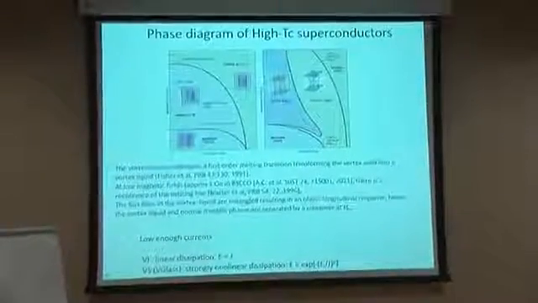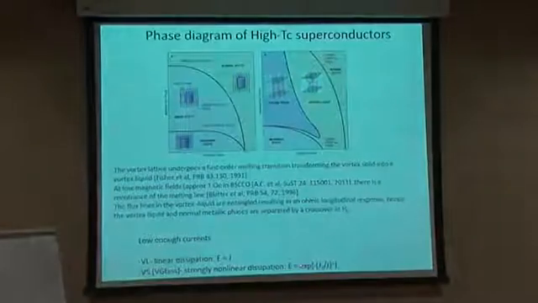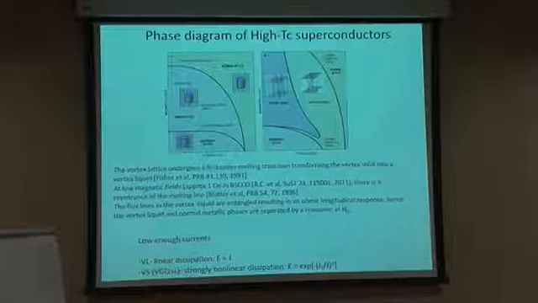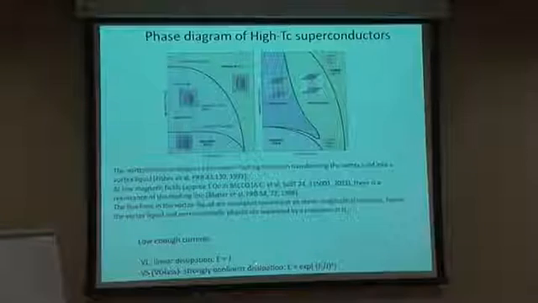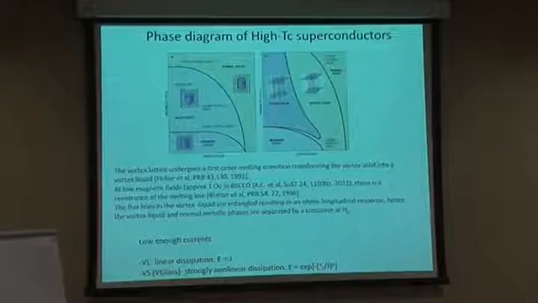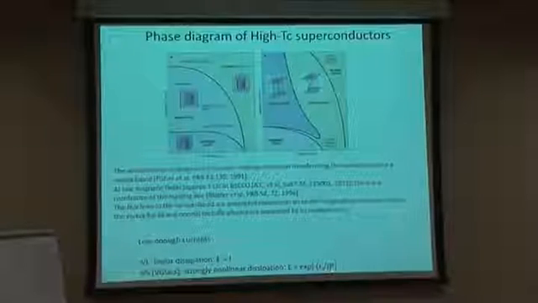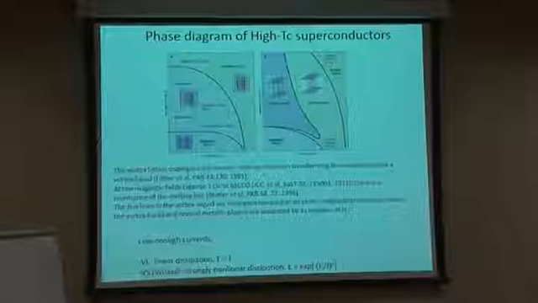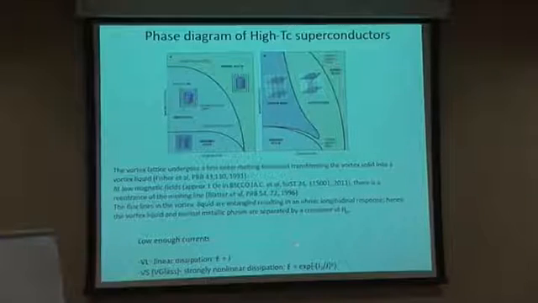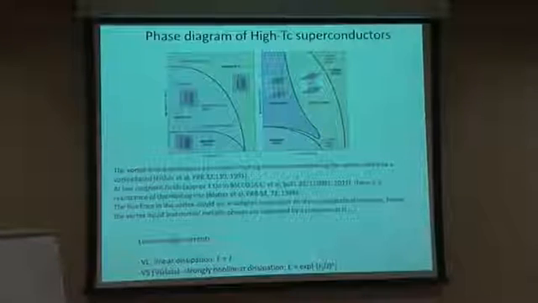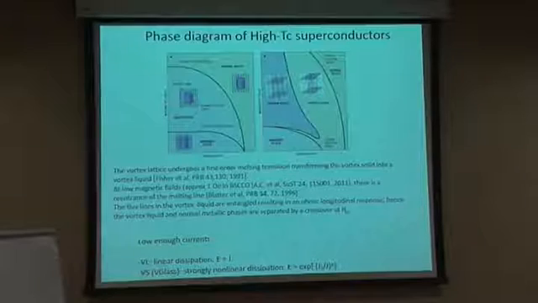Electric field or voltage goes as exponential of minus (Jt over J) to the power mu, where Jt is the threshold current, a constant for every material. So what you see here is that if J decreases linearly, the dissipation decreases much faster, exponentially. This is the mark of the vortex solid.